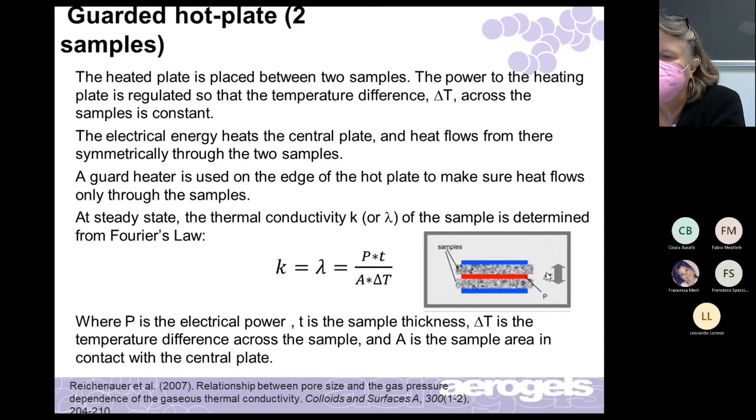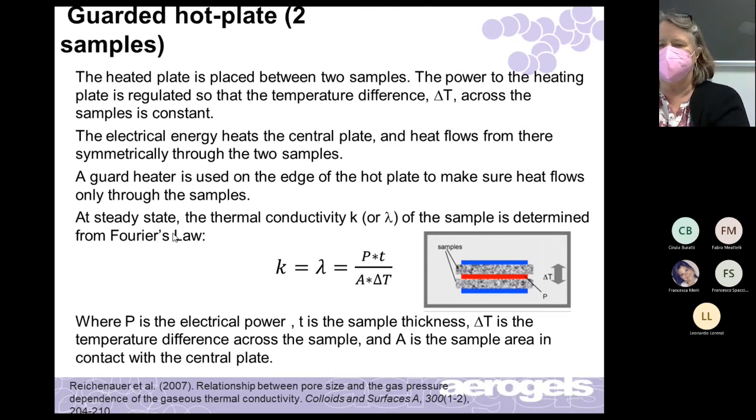This is a very established method for measuring thermal conductivity. It's accurate if you design your system right, and there are many systems out there; test labs do this.